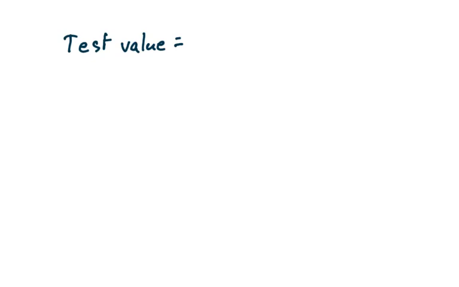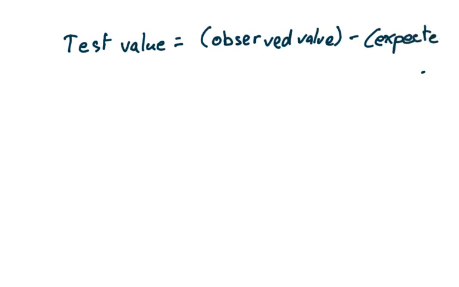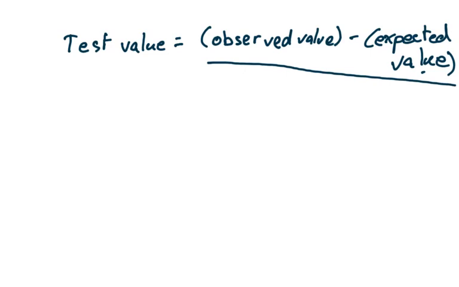Here it's not an average value, but it's our observed value, minus the expected value, and then that is all divided by the standard error, which is basically just another way of saying the standard deviation.